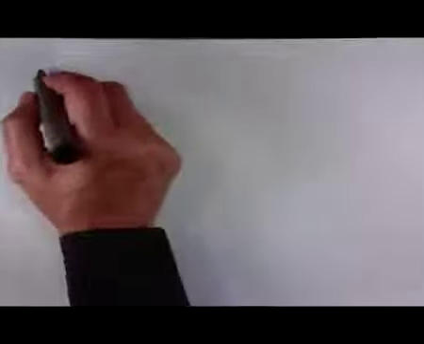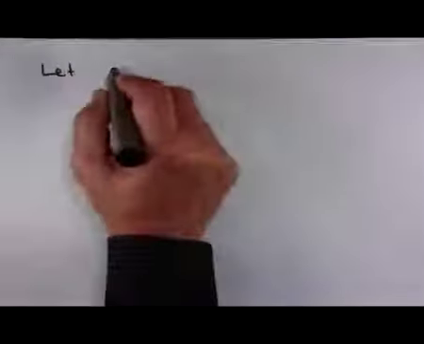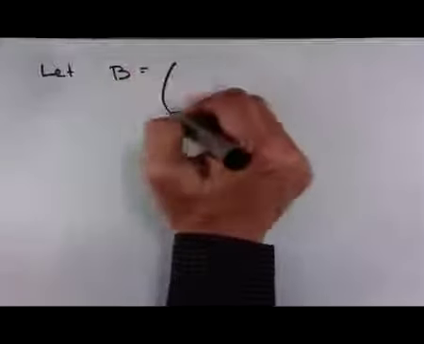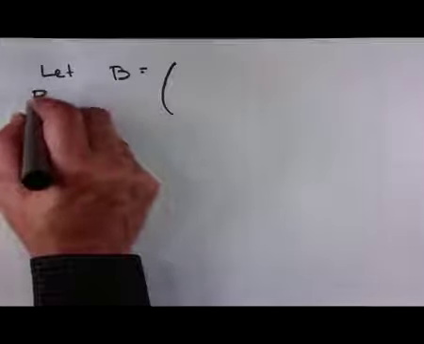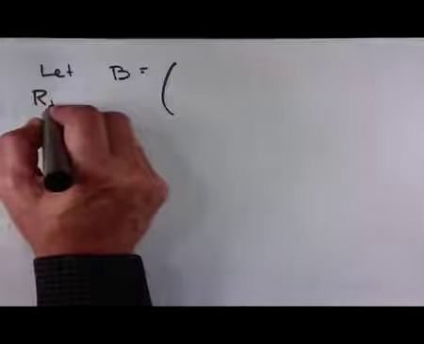Let B be the matrix where the first row is replaced by the sum of the first row and second row.